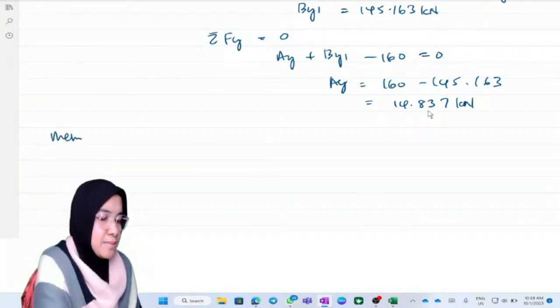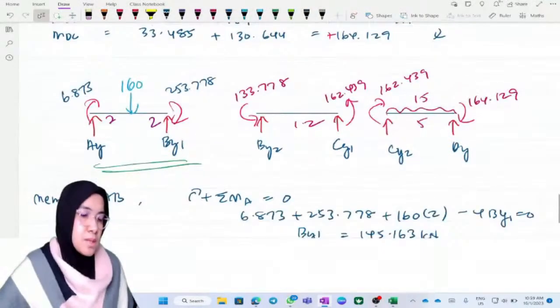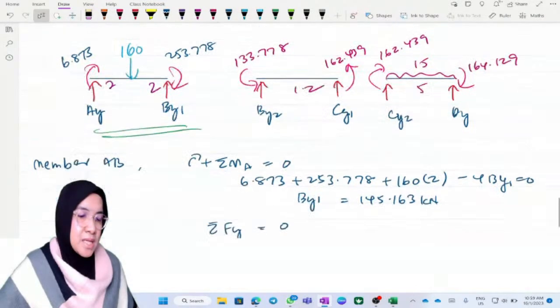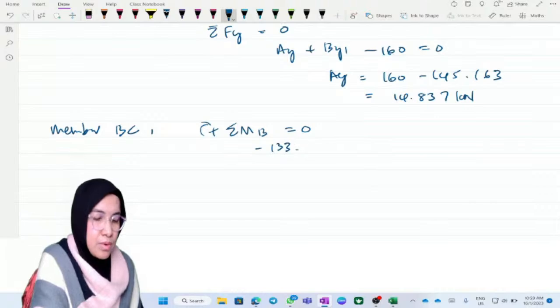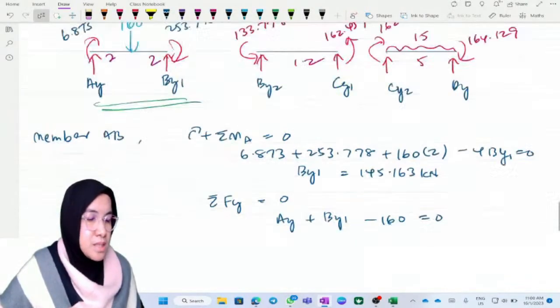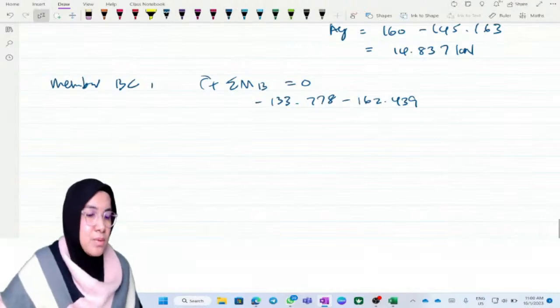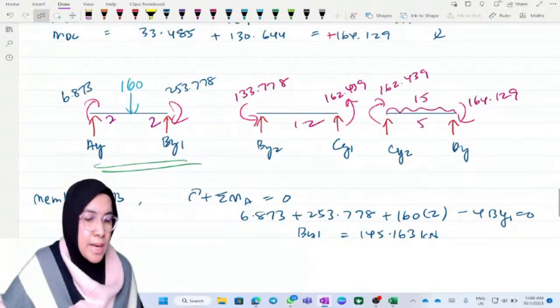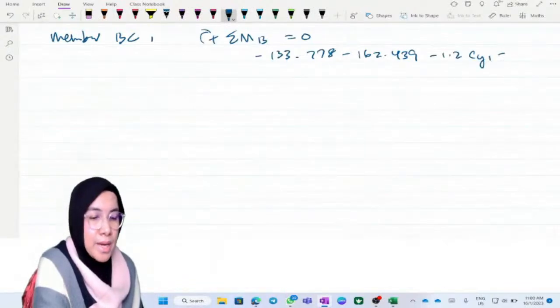For member BC, again we take moment, this time at B. Total moment at B equals 0. So negative 133.778 minus 162.439 minus 1.2 CY1 equals 0.